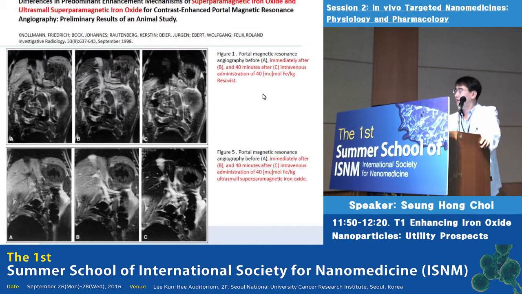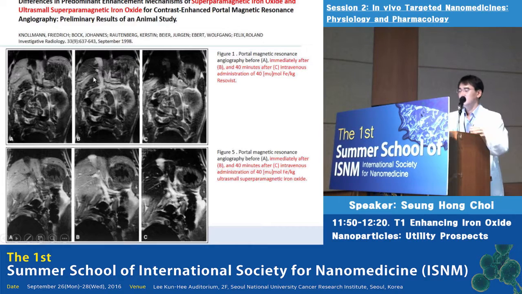That is T1 high signal intensity after injection of contrast agents. In this study, the authors used the SPIO, the iron particle, as a T1 agent to make blood vessels show high signal intensity.